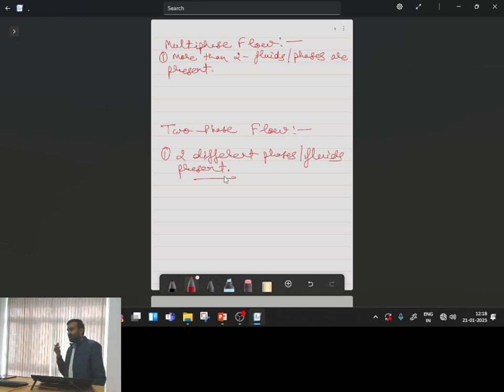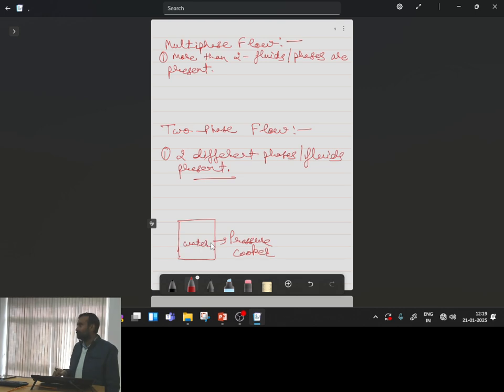Two phases can be, say, I have my pressure cooker. Inside this pressure cooker, what will I have? I will have water at the bottom, and at the top portion, steam, or I can say water vapor.